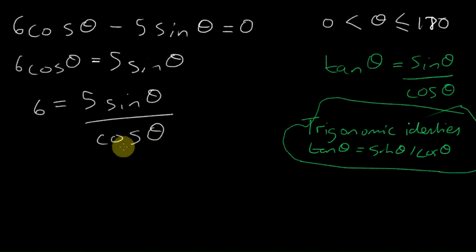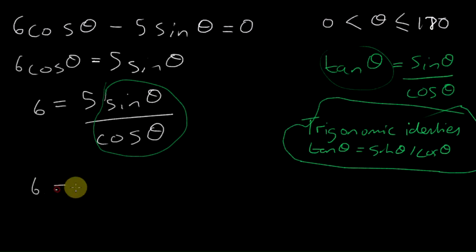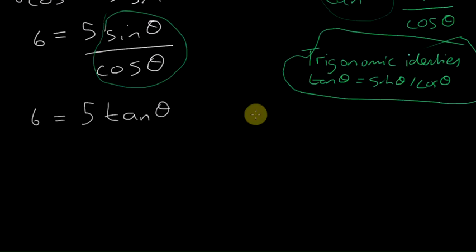Now we've got it in that form, so we can basically turn that into tan theta, and we can say that we have 6 equals 5 tan theta. Now we've got it nice and neat, and we can just solve for theta.